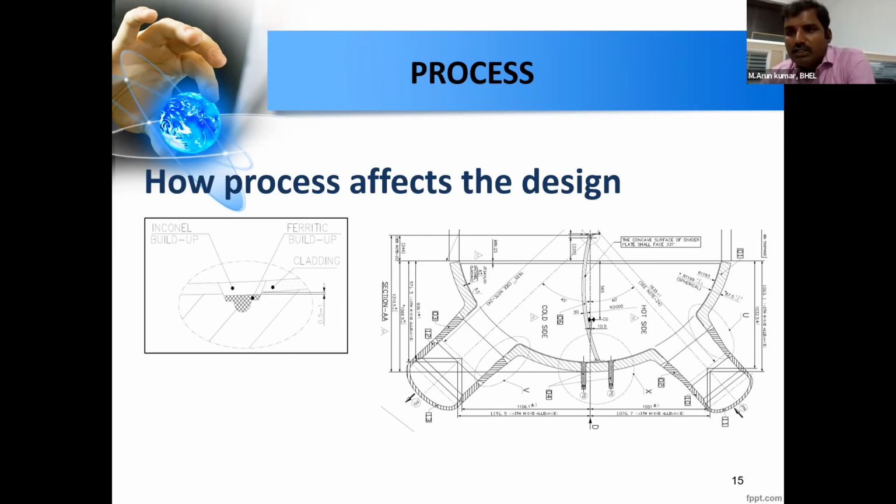Then due to lesser thermal conductivity, this delta T is also higher. So whenever we increase the thickness for the higher stress, since the thickness and the stresses are directly proportional, whenever we increase the thickness of the pressure boundary, the thermal stresses are getting increased. So we could not arrive at an optimum material thickness.